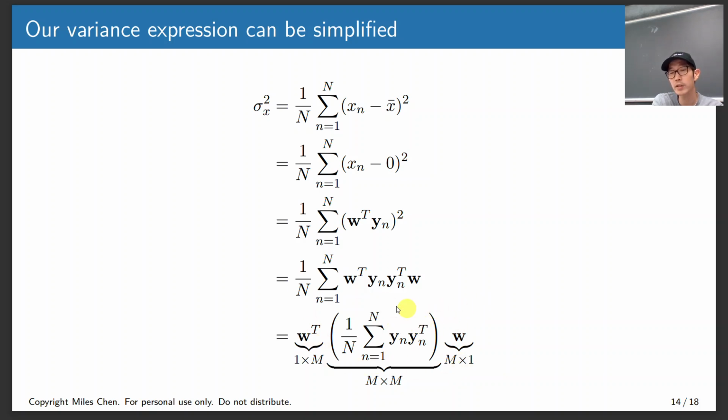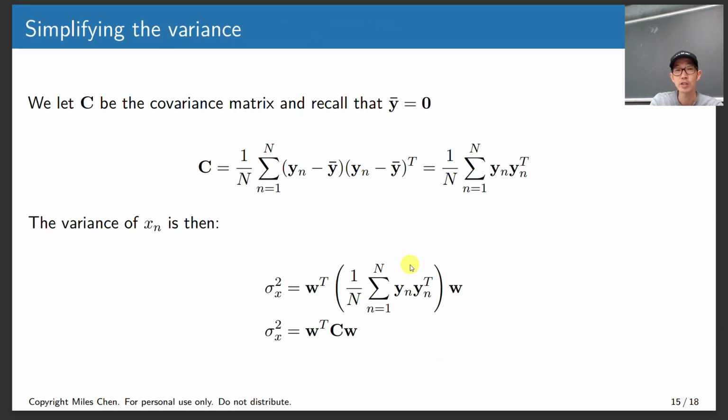Okay, and so this is the thing that we want to maximize. We want to figure out what w we should use so that the resulting variance is maximized. So here I'm going to replace this m by m matrix of yn transpose and call that C. C is the covariance matrix.